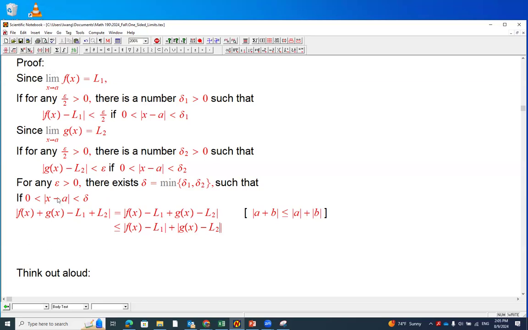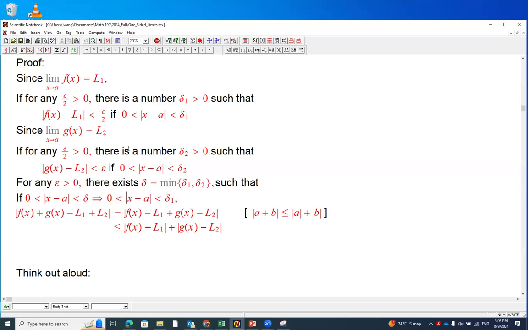Now the question is, if x minus a is less than delta, certainly it's less than delta sub 1, because delta is one of the smaller ones. So if it's less than delta, it's guaranteed that x minus a is going to be less than delta sub 1, and this is going to be true as well.